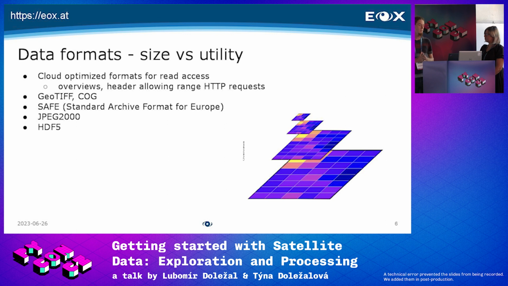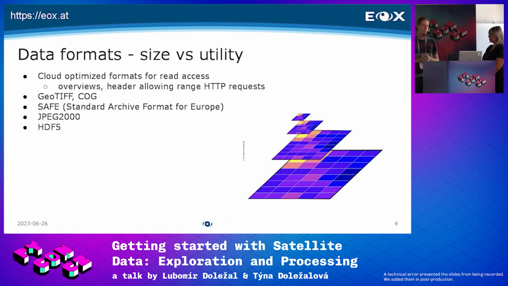We are interested in the read access. Which means the cloud-optimized data need to have overviews, which are a lower scale version of the original image. And they need to have some headers, which allow you HTTP range requests on the products themselves. We are generally working with GeoTIFFs and JPEG 2000 for optical imagery.